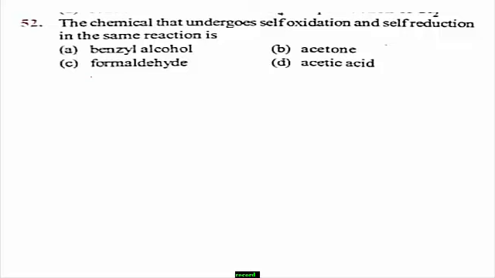I think you know about the Cannizzaro reaction. Here I write the reaction, that is the Cannizzaro reaction. When formaldehyde reacts with potassium hydroxide, we get the products CH3OH and HCOOK. Here formaldehyde is reduced as well as oxidized.